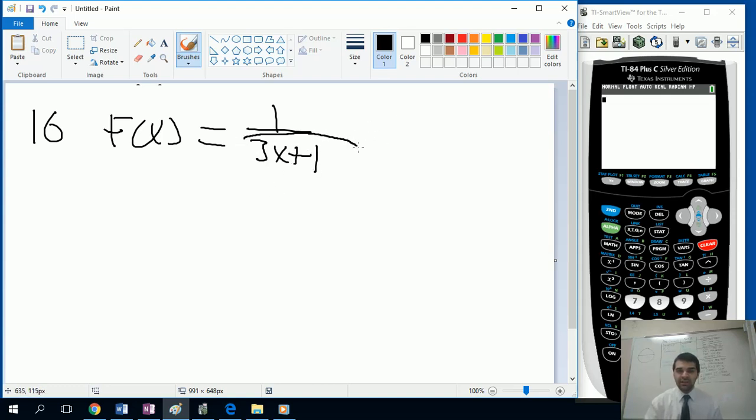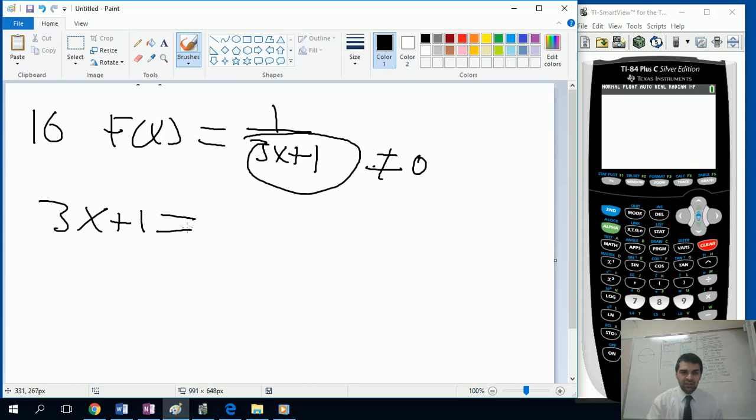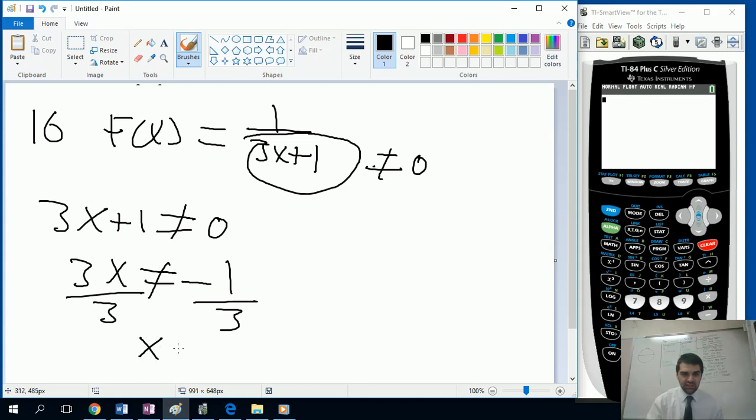So the denominator cannot be equal to 0, which means that 3x plus 1 cannot be equal to 0. Therefore, let's continue the algebra here. 3x cannot be equal to negative 1, so I subtracted 1 from each side. Divide each side by 3. And x cannot be equal to negative 1/3.